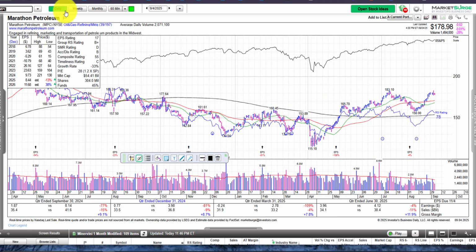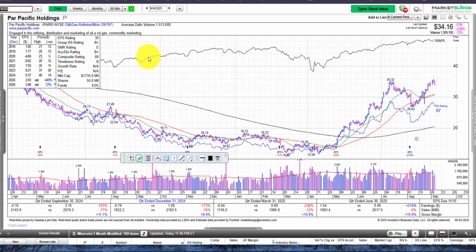But one thing I learned about Mark Minervini is that oil stocks often peak when their numbers look fantastic, and they often start running again when their numbers look terrible. It's kind of backwards to your typical growth or tech stock.